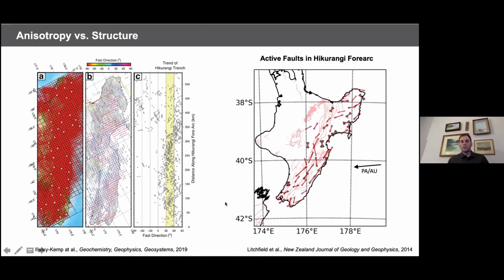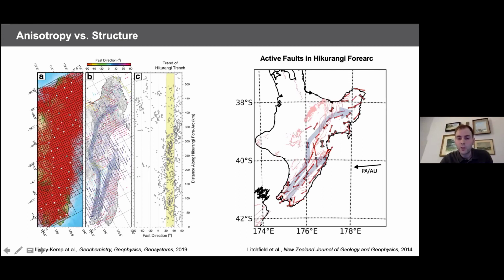So from this analysis alone, we don't necessarily know if the structure is due to anisotropy or if it's due to dipping structure. And so one comparison that gives us some confidence here is that some recent results looking at local shear wave splitting, so looking at S phases derived from local earthquakes within the overriding Australian plate, identify anisotropy directions that are in good agreement with the orientations we obtained from the receiver function.